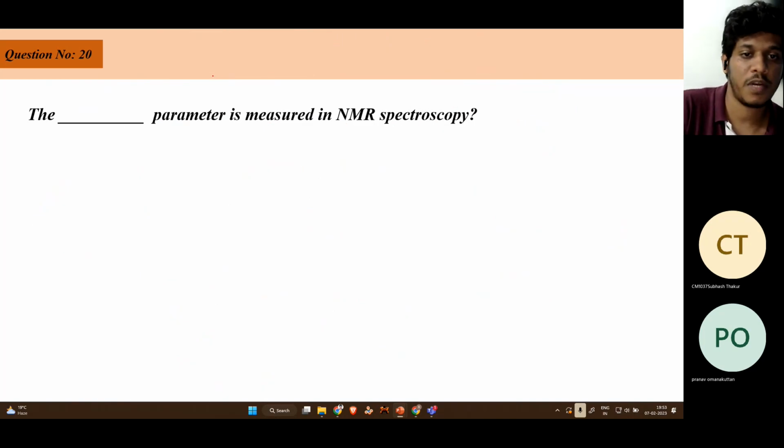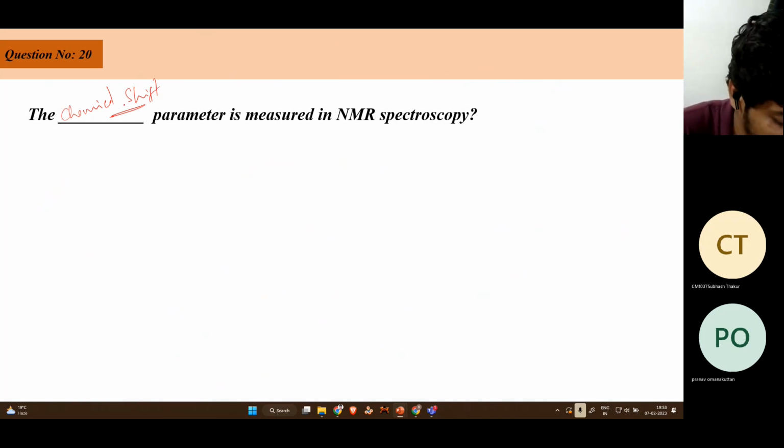Now, the chemical shift parameter is measured in NMR spectroscopy. In NMR spectroscopy, we basically deal with the chemical shift. The chemical shift is used to identify the type of nucleus being observed, and it determines the composition of the molecule.